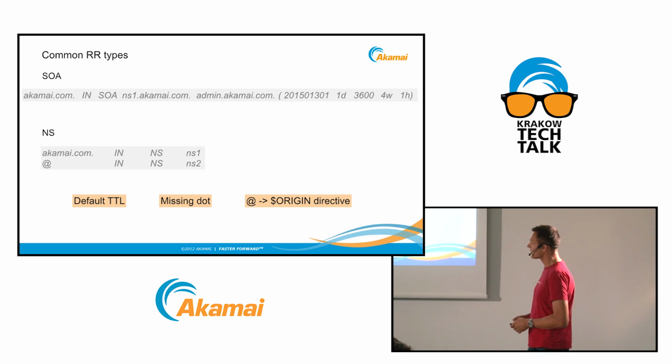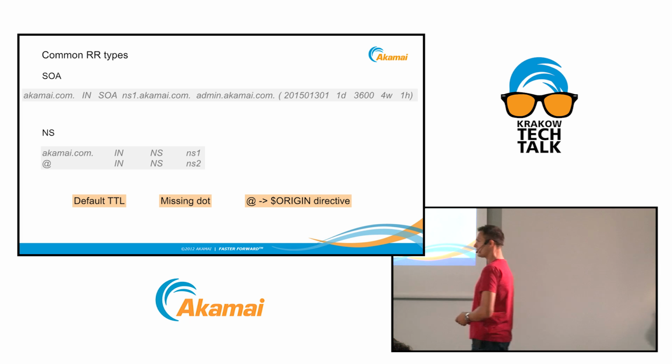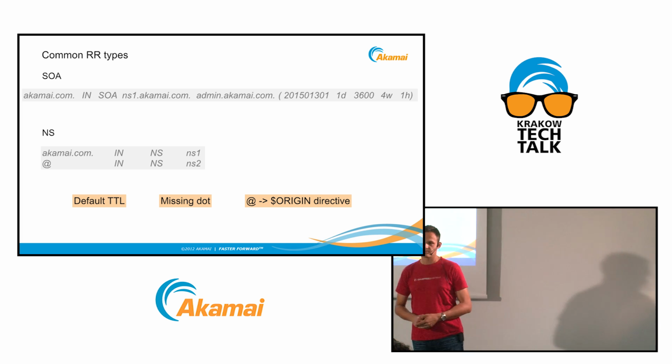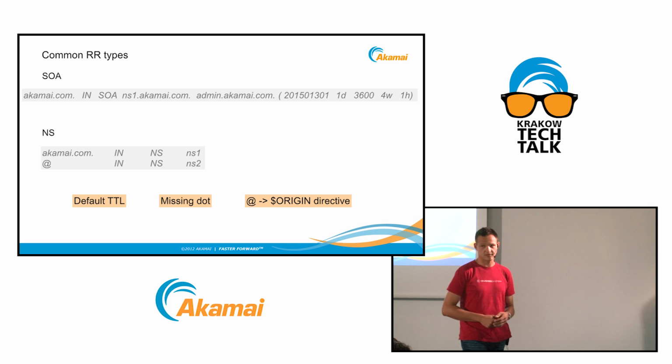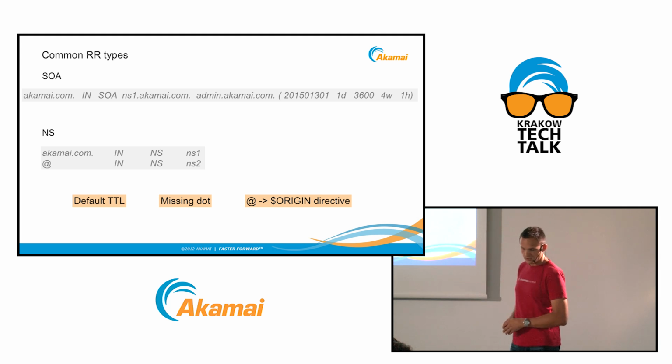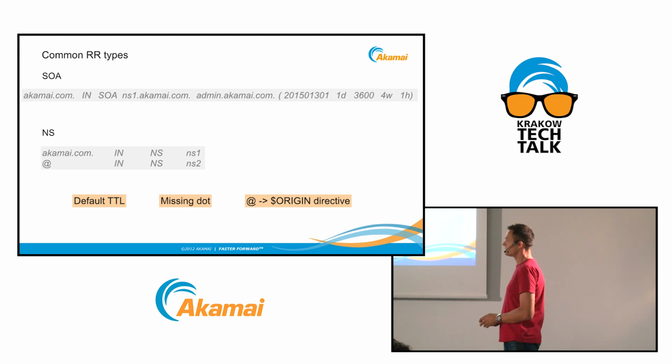Apart from that, records that are crucial for the zone file are name servers. You need two of them. So you see that for the Akamai.com zone file, one name server is NS1. For Akamai.com, another name server is NS2.